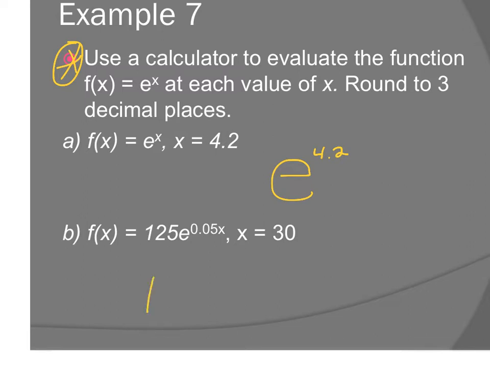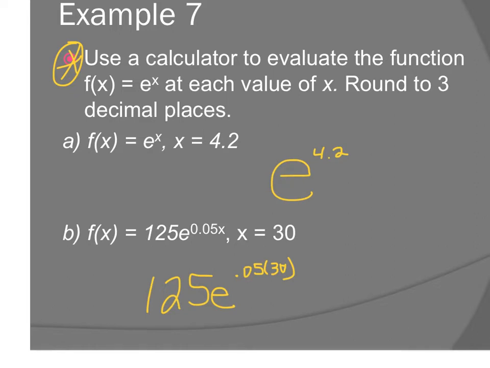So if you have this bottom one, 125e to the 0.05 times 30, this is an exercise in do you know how to use your calculator? We will work on this more on Tuesday because some of us don't use calculators a lot. But your calculator, guys, is only as smart as your user. If some of you in here right now put negative 2 squared, your calculator will say negative 4. And you'll tell me, my calculator is broken. No, it's not.